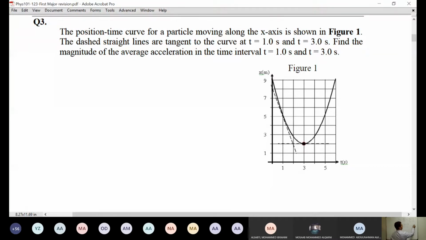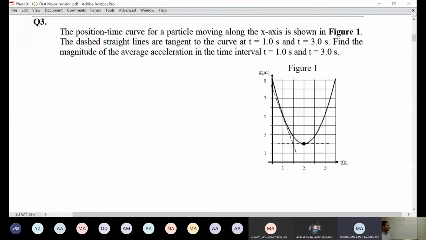Here we got minus 6 divided by 2, so we got minus 3 meters per second. That's the v1 we got. Can you also tell me what the velocity is at t equal to 3 seconds?